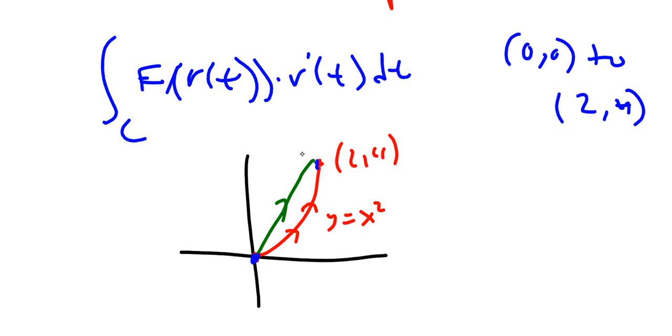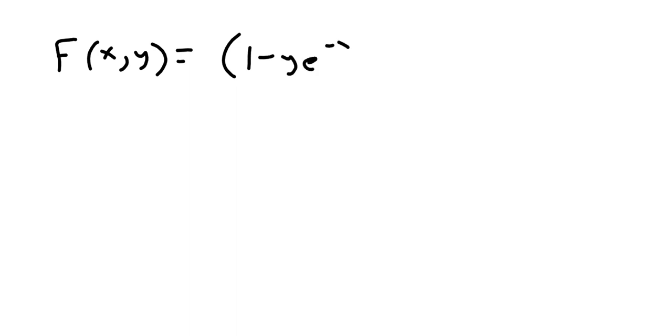Okay, let's take a look at another example. So I'll go to a new page. Let's consider this function here. Suppose I have F of x comma y is equal to the vector function 1 minus y e to the negative x, and we'll say i, plus e to the negative x j.